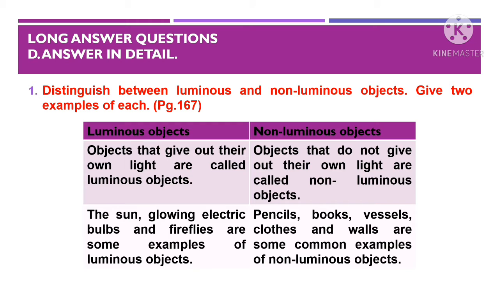The sun, glowing electric bulbs and fireflies are some examples of luminous objects. Pencils, books, vessels, cloths and walls are some common examples of non-luminous objects.